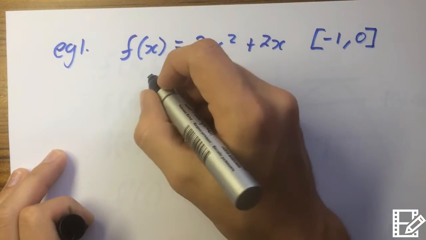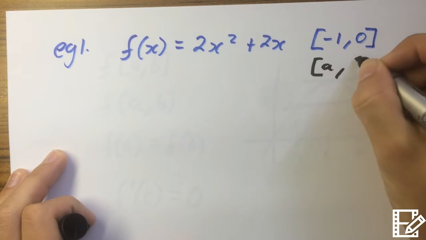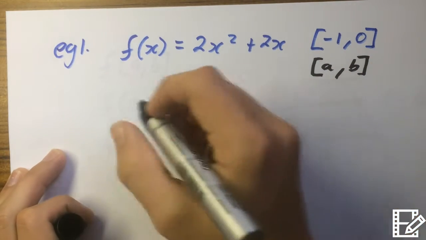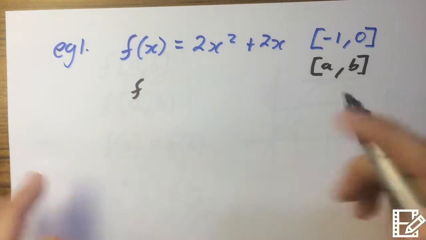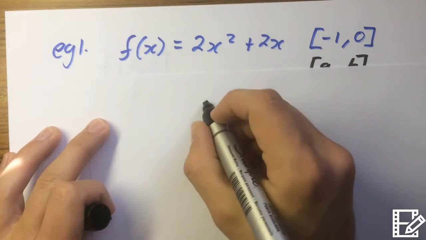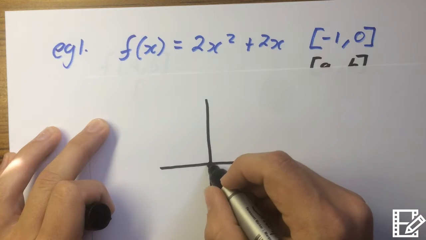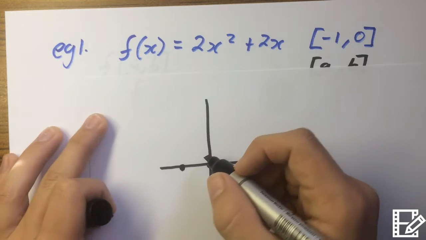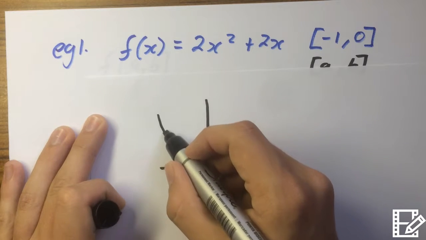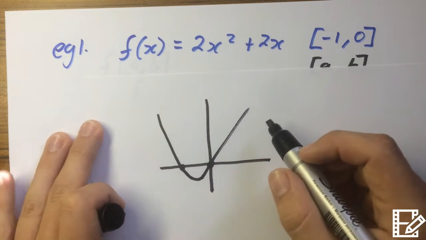Okay, so this is our A and this is our B. This graph, I'll draw it up first. It looks something like, there's one point at 0, and there's another point at -1. Comes down like this, and then it scoots up like that.